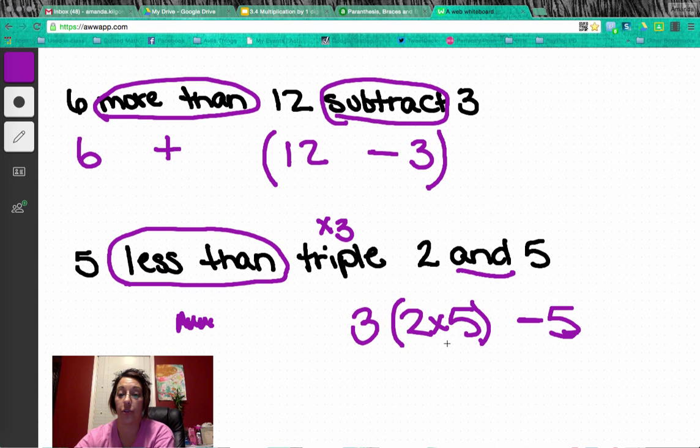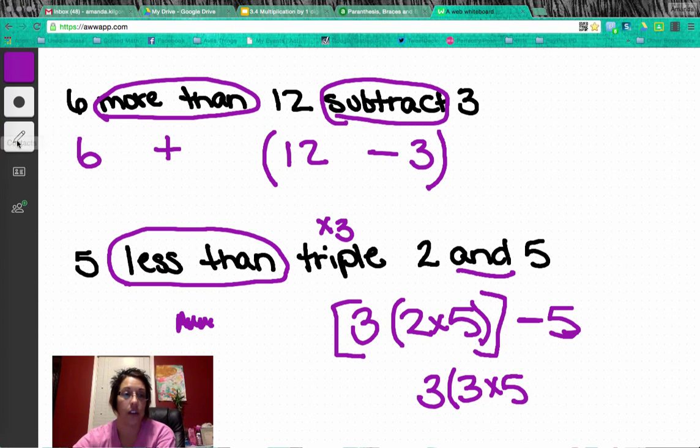After we do 2 times 5, we want to multiply it by 3 and then subtract 5 from the total. So in this instance, we have parentheses around this step. We have another step right here with the 3. We could go ahead and do brackets, but it really isn't necessary because with order of the operations, we would do our multiplication.